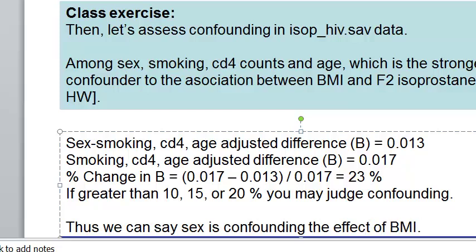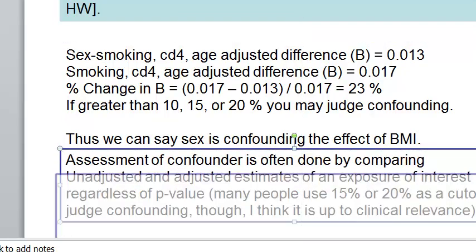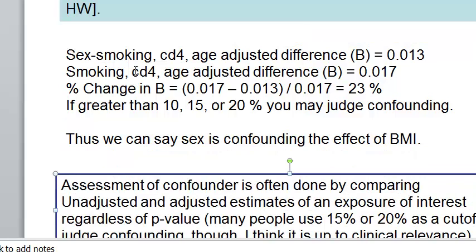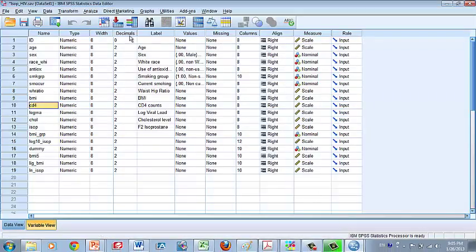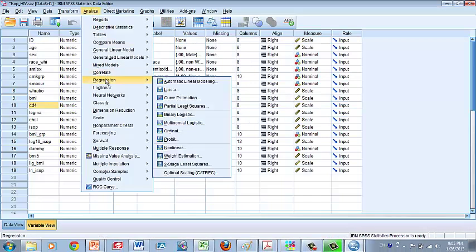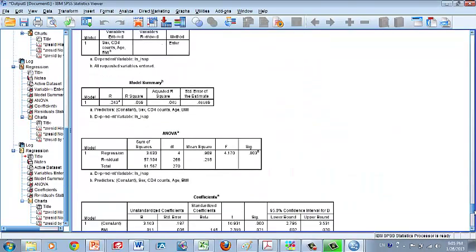Okay, so we just have to repeat this 3 more times by excluding CD4, smoking, and age one at a time. Okay, and let's do that. And go back. So we put sex back and remove smoking, and let's run the analysis.